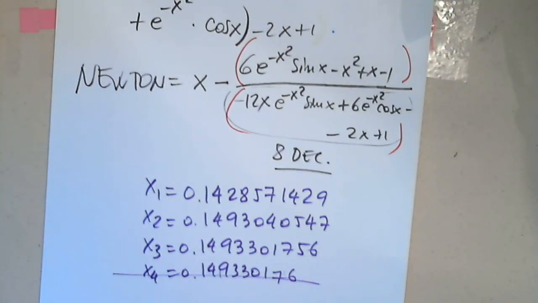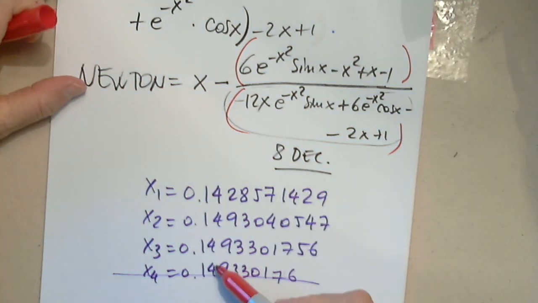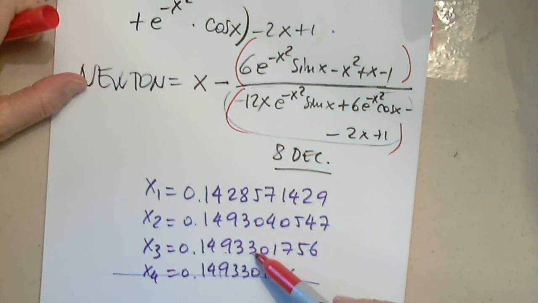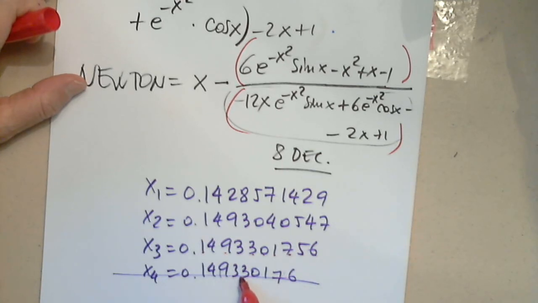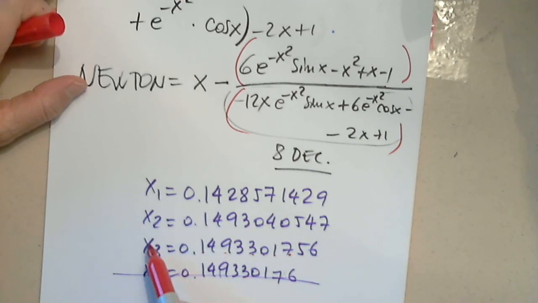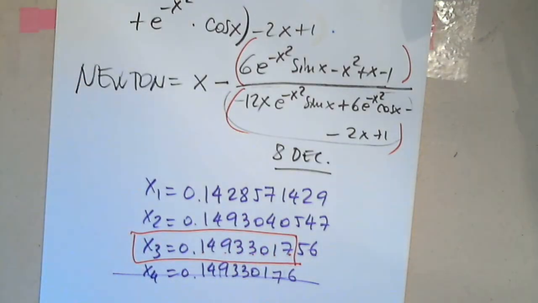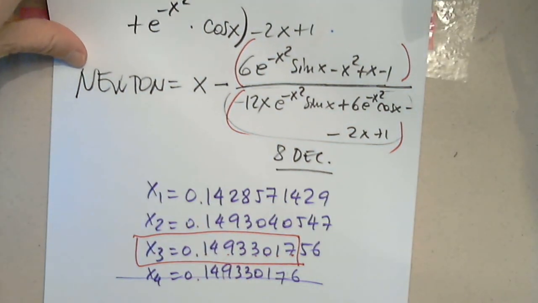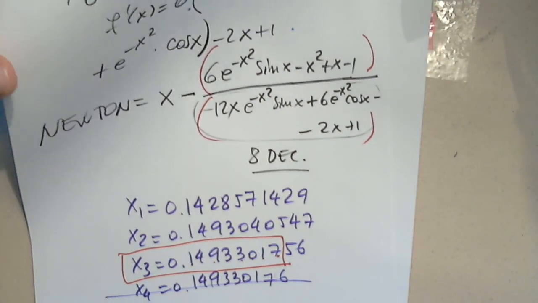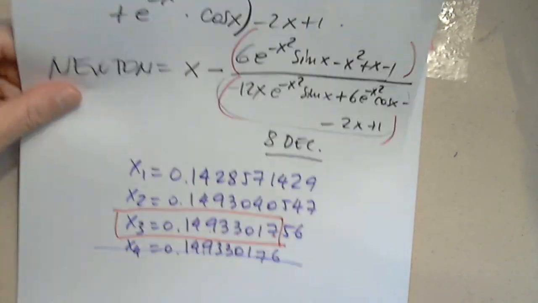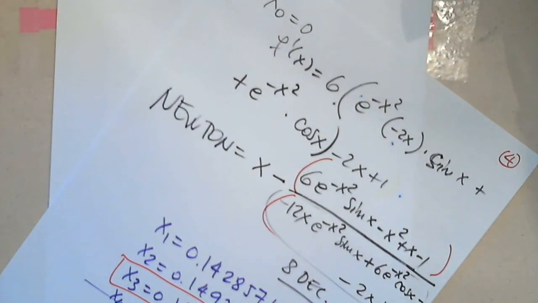There is no point for number 4 because 8 digits already repeated. 1, 2, 3, 4, 5, 6, 7, 8, and they are the same. So this, 2, 4, 6, 8, is the solution. One solution, as we looked at the graph, there is another one. Any questions?